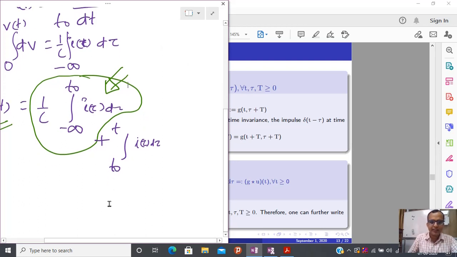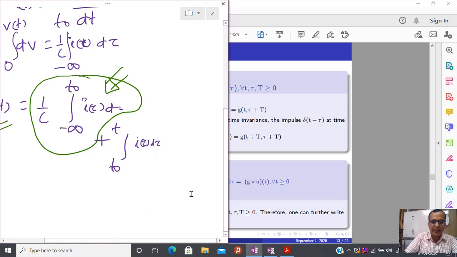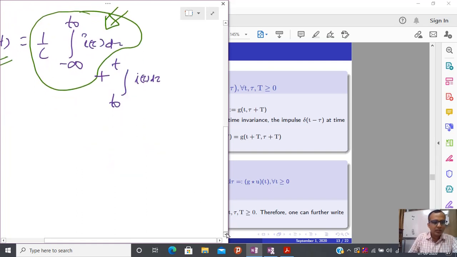And here try to see that I am going to apply some kind of delta function, and after applying this delta function, I am representing it like this, and at that time I am getting this response.